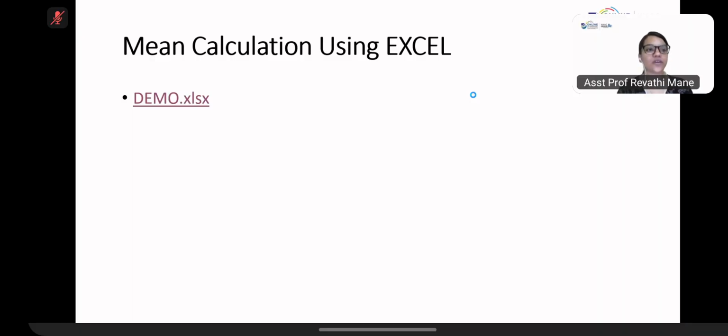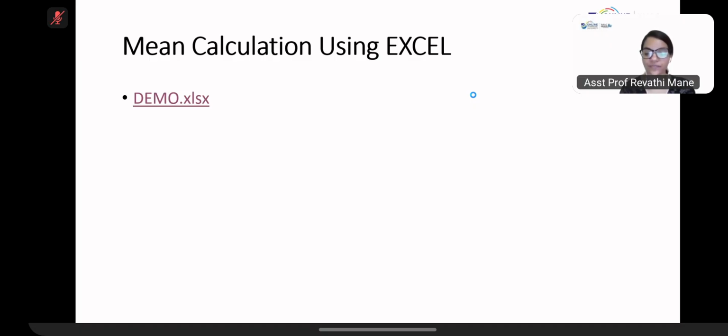So how do you calculate in Excel? So there is a direct formula in Excel. So I have taken the same data which we used as an example. So how do you calculate? Is equal to average function. So there is already a predefined function in Excel called average.